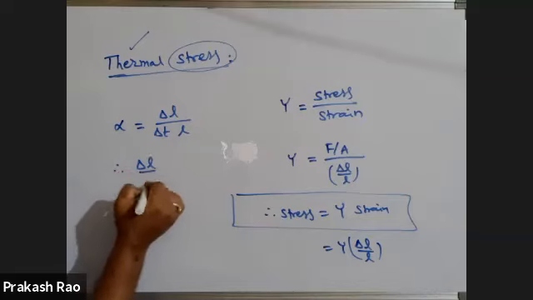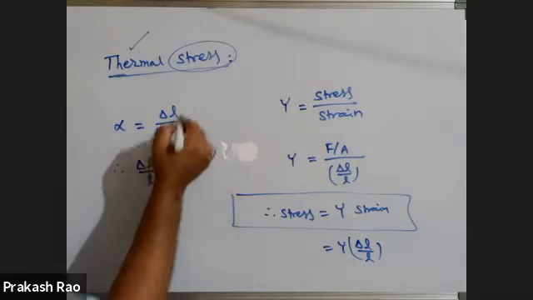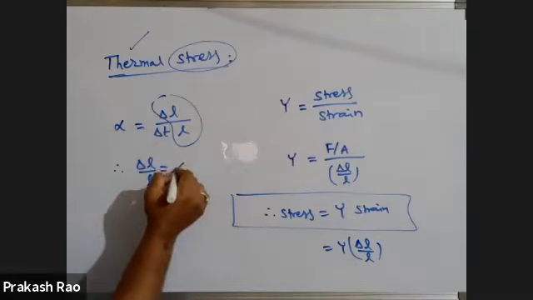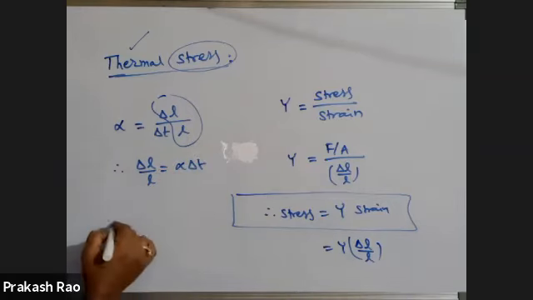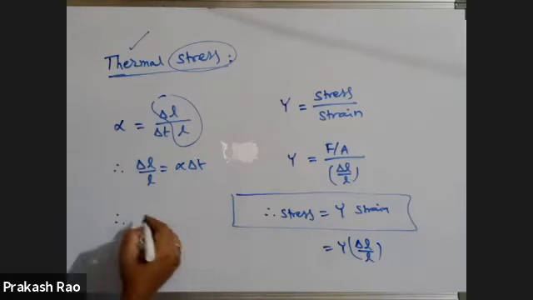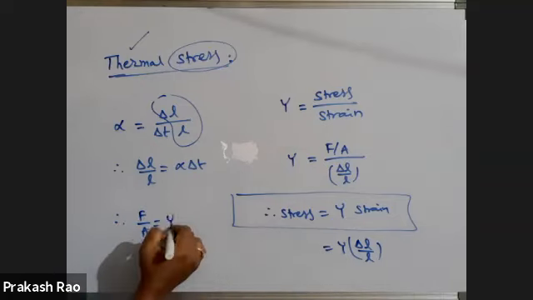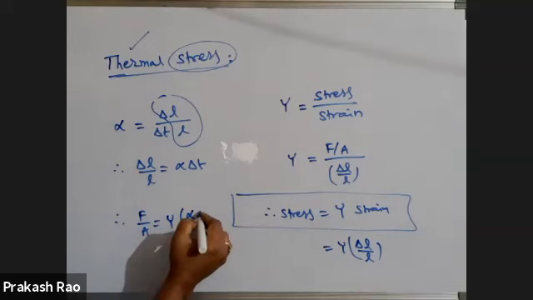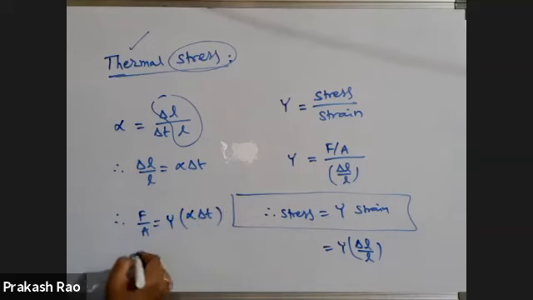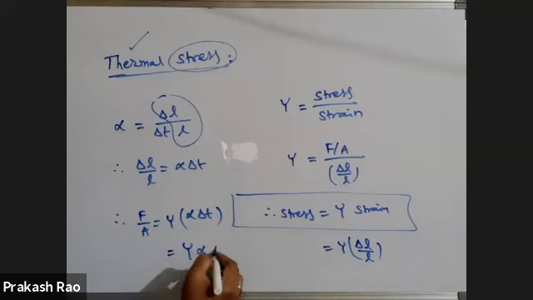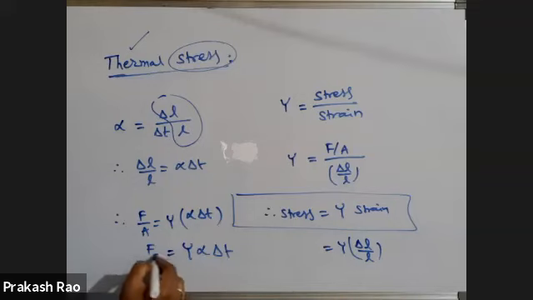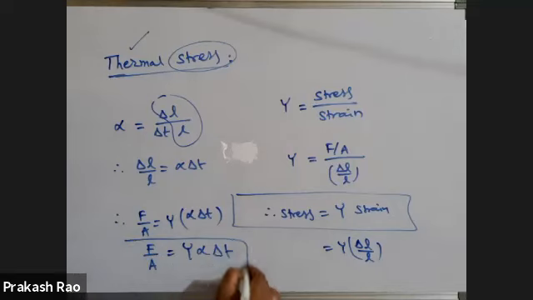Therefore, delta L by L is equal to alpha into delta T. Therefore, stress F by A is equal to Y into delta L by L, which is alpha into delta T. Therefore, thermal stress F by A is equal to Y alpha delta T. This is the expression for thermal stress.